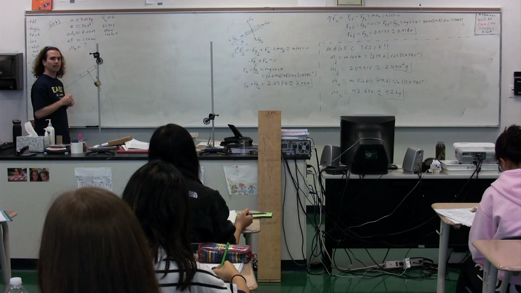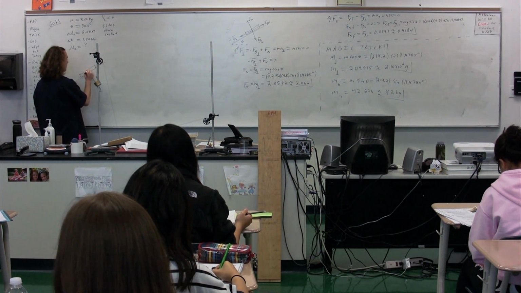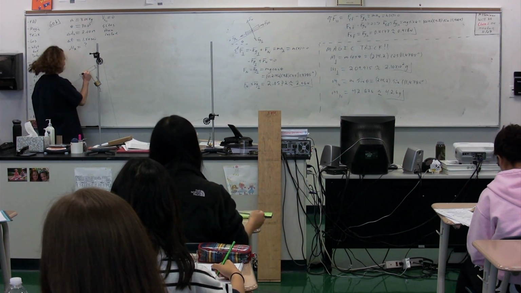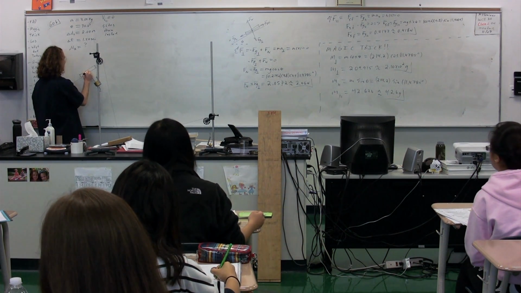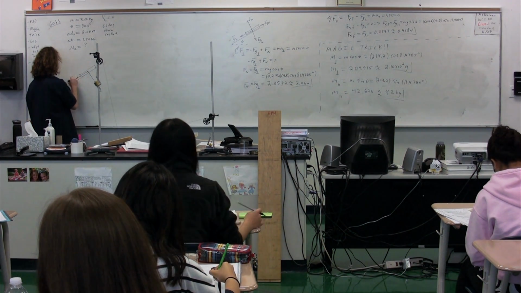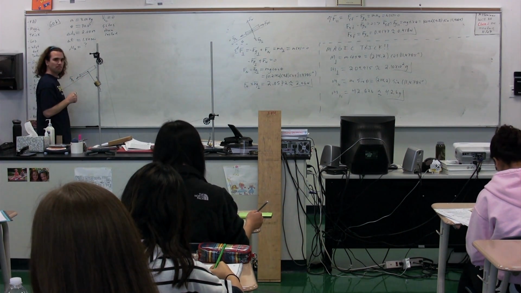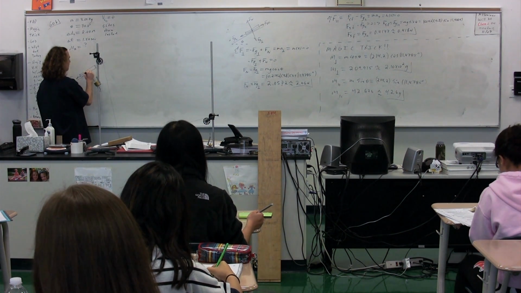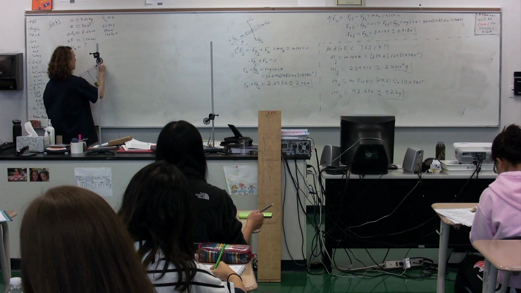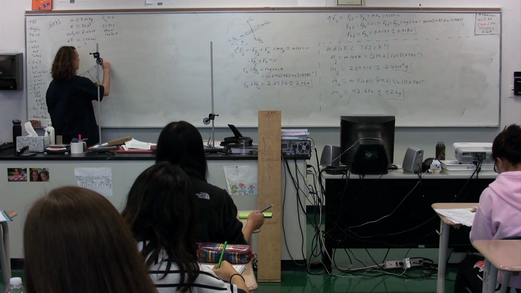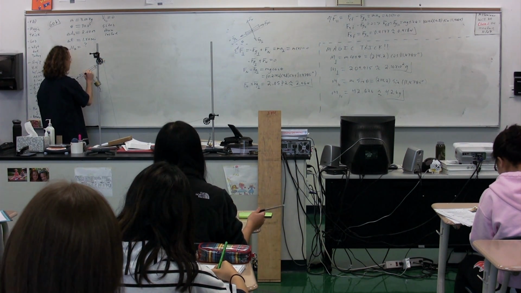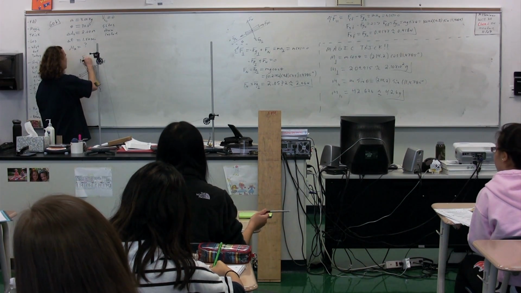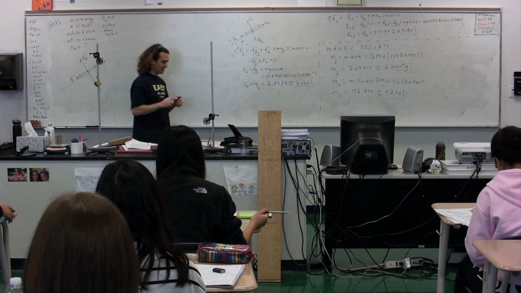Force of gravity parallel is going this way, left, and it's parallel to the surface. Force of kinetic friction is going to the right and parallel to the surface. And force normal is going perpendicular to the surface. Great. So there is our free body diagram.